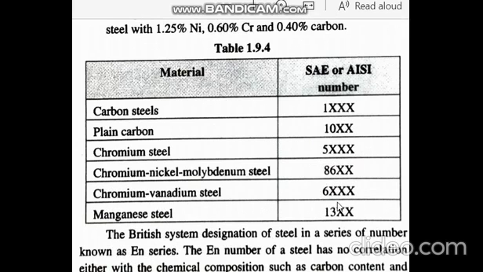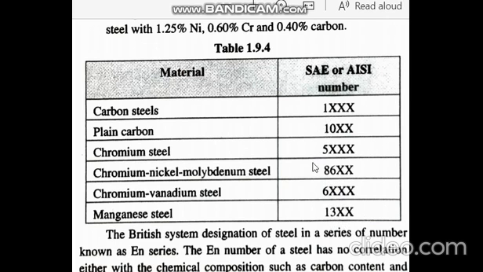Chromium vanadium steel is starting with 6. Manganese steel is starting with 13. Yeah, this has also carbon. You see, all these things are having carbon. They are carbon steels, but then manganese also is present to a certain extent, because of which it is designated as manganese steel. So these are about the American standards.